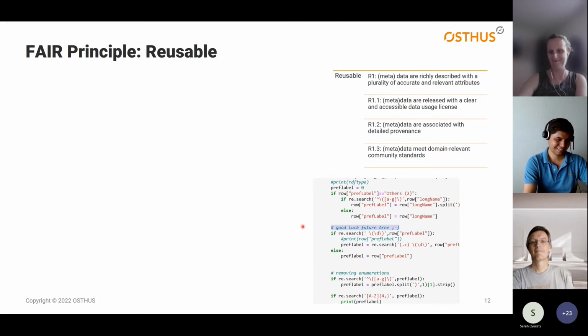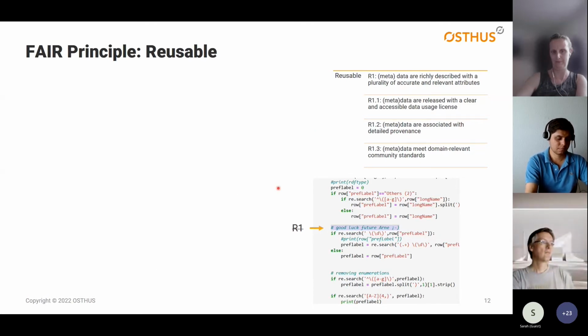Do include comments in your code. It's always worth it. Also, do version your code so that you can go back if something needs to be undone, or even have a backup. So this is a bad example of R1. This metadata or data, however you want to classify code, is not richly described with a plurality of accurate and relevant attributes.